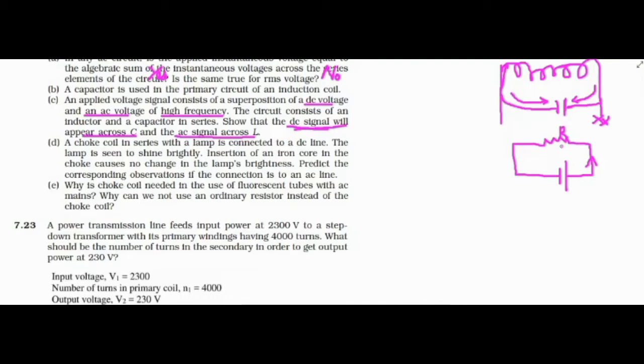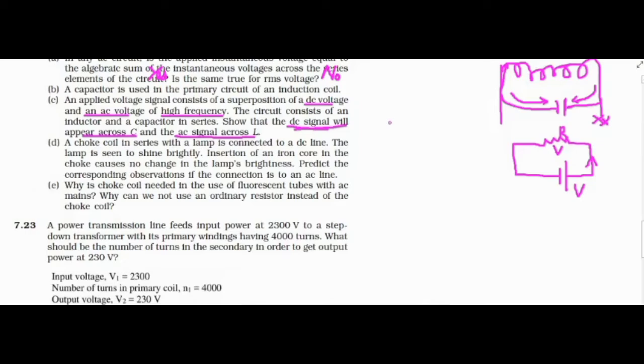And wherever there is opposition to the flow of current, energy will be dissipated and a voltage drop will be there. So here also you can see across a resistor there is a voltage drop. If a particular EMF is applied by the cell, then you get a voltage drop across the resistor. So to understand the question, you have to understand this concept: wherever there is opposition to the flow of current, you get a voltage drop.